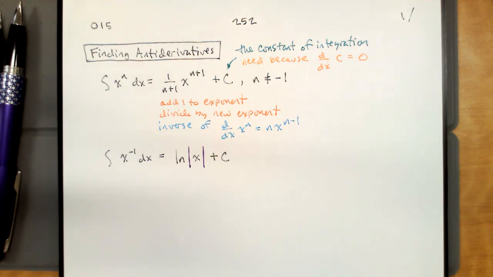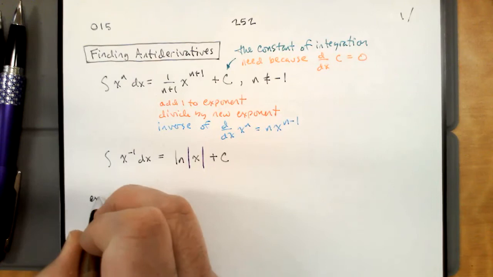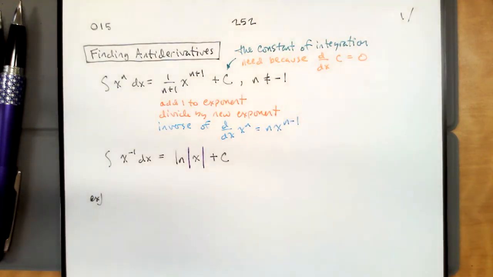We can now integrate any power of x. So let's look at some examples. When I want you to do this process, I'm either going to ask you to find the antiderivative, or I might say find the general antiderivative. The general antiderivative is the one with the plus c.